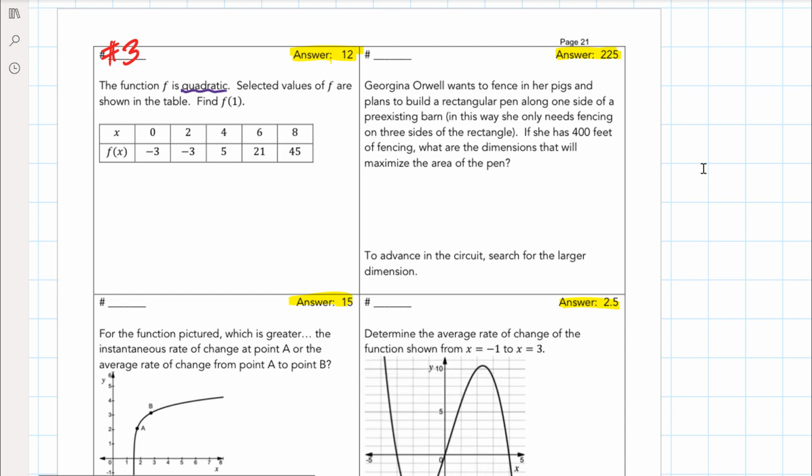Okay, so we're going to continue here and see how to approach it.